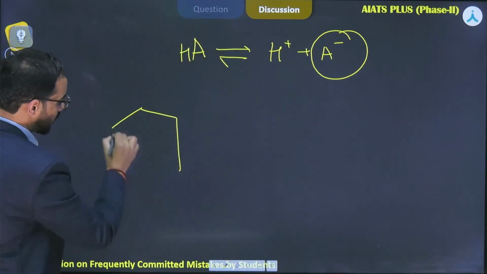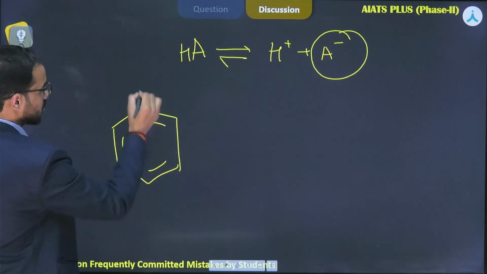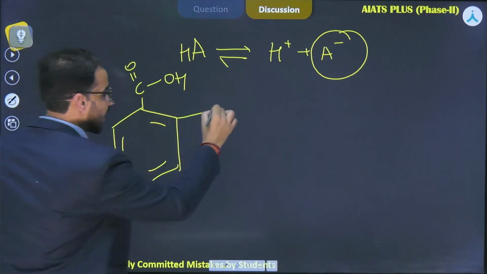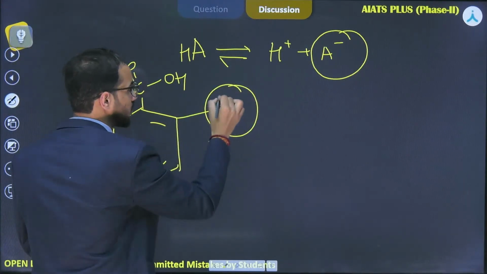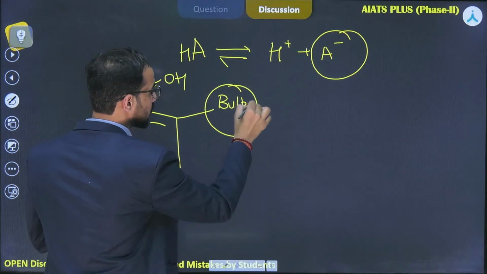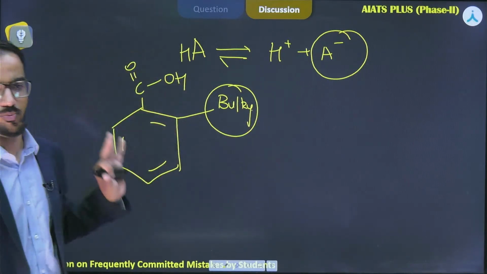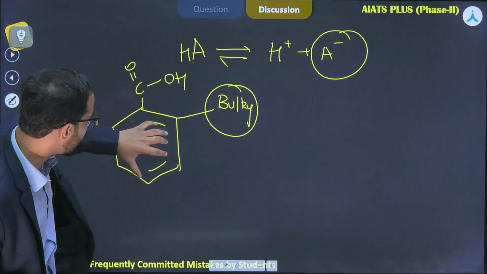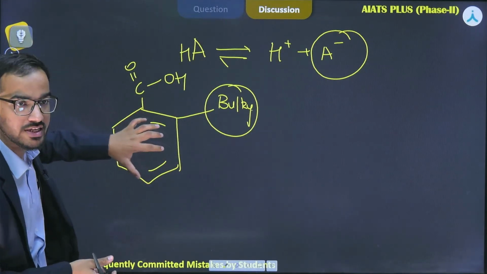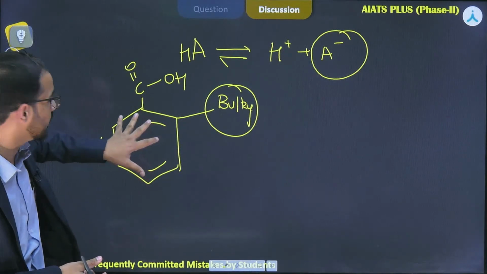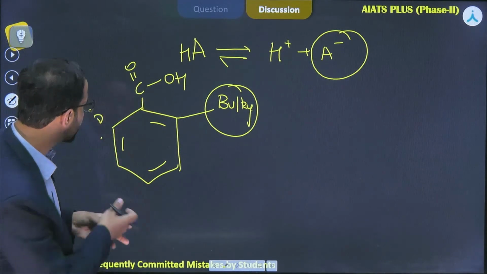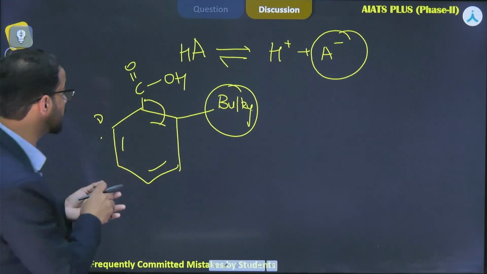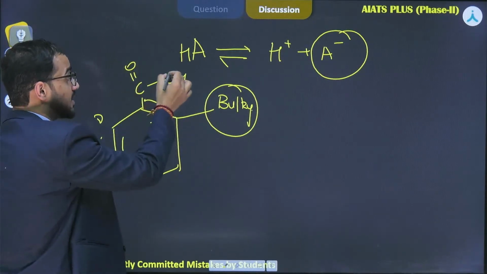So let us move back. We have C double bond O OH, and we have taken a bulky group over here. So what will be the case? Let us say the lone pair or pi electron density will come to this position and destabilize the negative charge form.